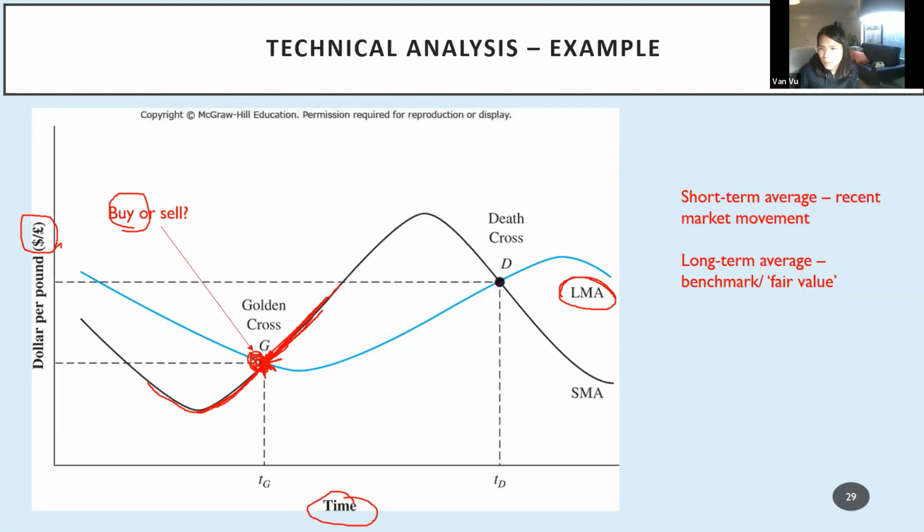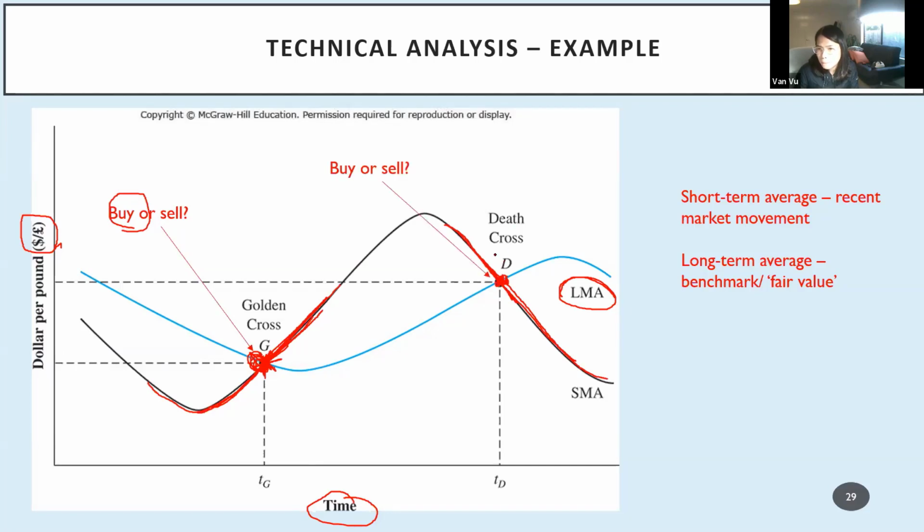In contrast, if I'm staying here, in this case the market is following a declining trend. As my short-term average falls below the long-term average, I think that this indicates a declining trend. As it's declining, I think that it's a good time for me to sell.